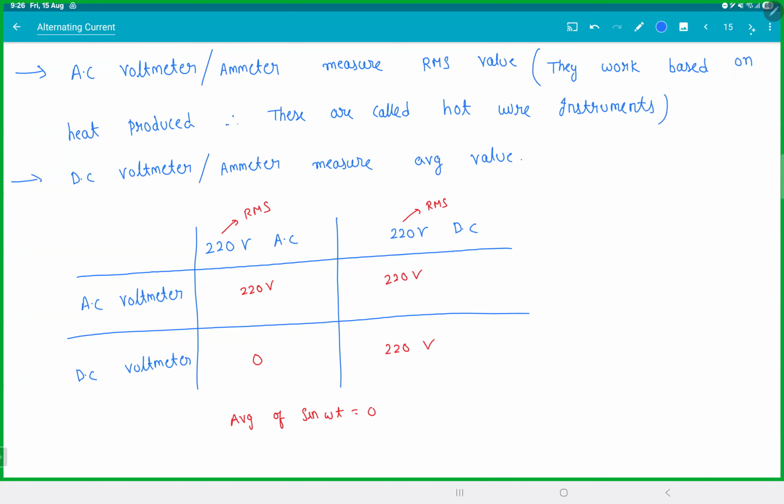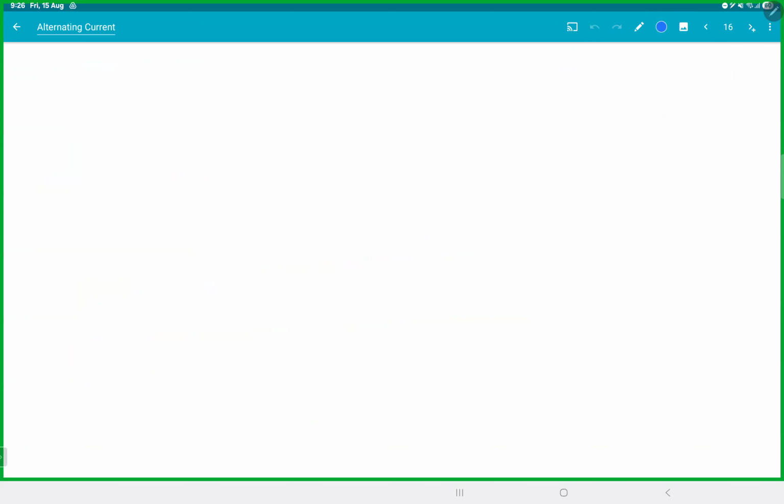Next thing, we also have a certain terminology. People use these words lagging and leading. Basically, this is regarding the phase difference. For example, if voltage V is equal to V naught sine omega t, and current I is equal to I naught sine omega t plus phi.